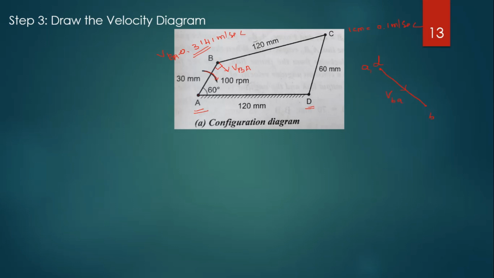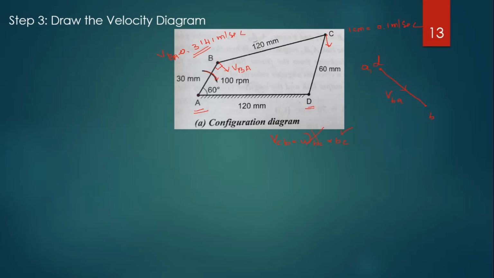First one over. Second one, BC, we have to find the velocity of C with respect to B. That is perpendicular to the link BC, right? We don't know the magnitude. What is the formula for this? Velocity of C with respect to B is equal to the angular velocity of BC into the length of the link BC. The length of the link BC is a known value, but the angular velocity is unknown.